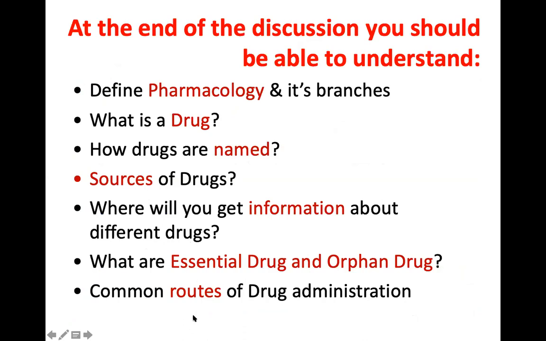The rest three parts, that is drug information, essential drug and orphan drug, and routes of drug administration, these three things I am going to take tomorrow. And up to sources of drugs, these first four parts I will be covering today.